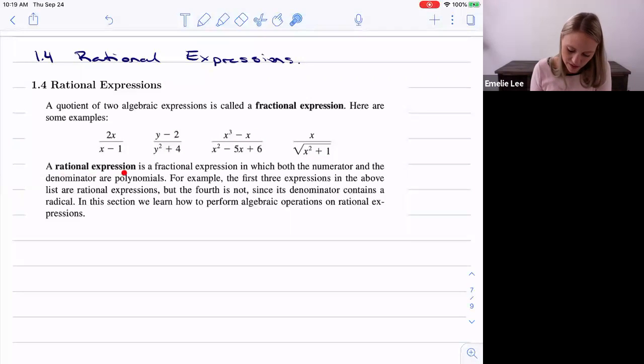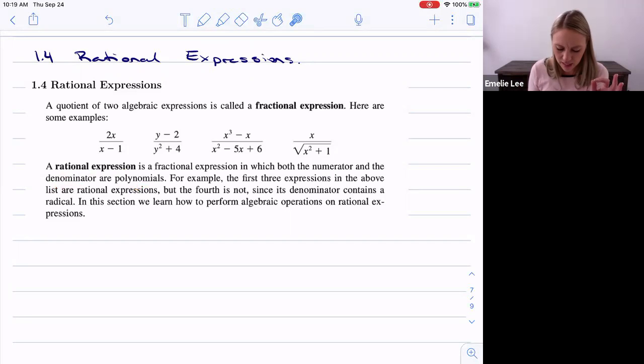So a rational expression is a fractional expression where the numerator and the denominator are polynomials. So these are the ones that we're going to be dealing with. Polynomials, remember, just have the different powers of x in your terms.